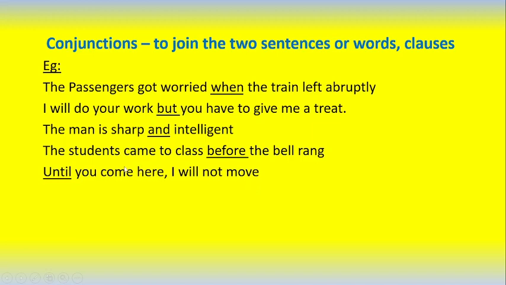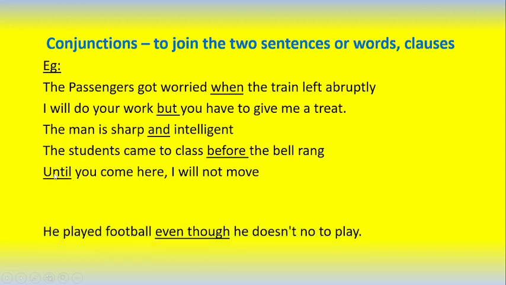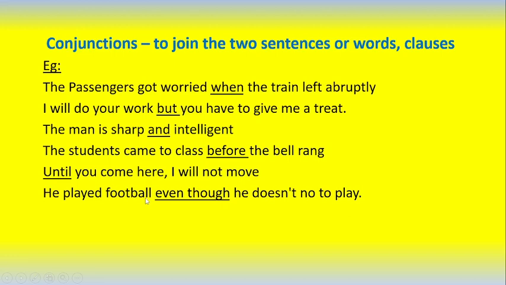Here both the sentences, you come here and I will not move, are joined by the conjunction called until. He played football, one sentence, even though he doesn't know how to play. He played football, he doesn't know how to play. See here, these two are joined by one conjunction called even though. So this is how we use conjunctions in a sentence.